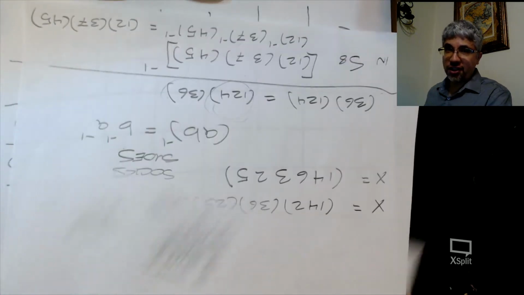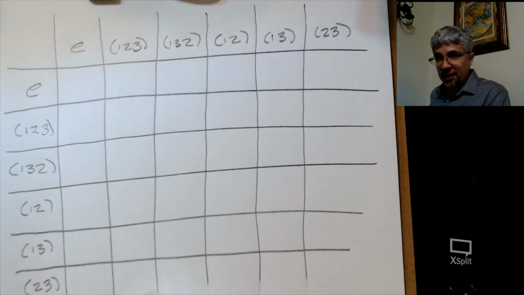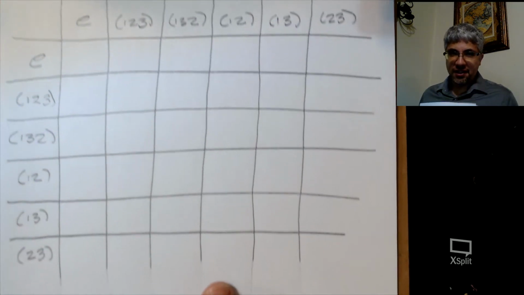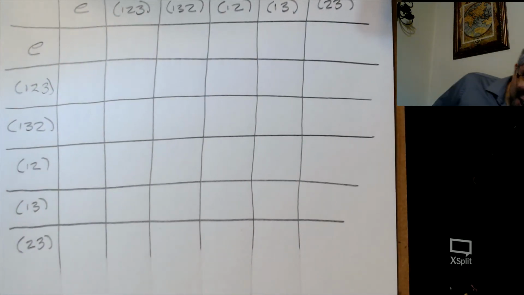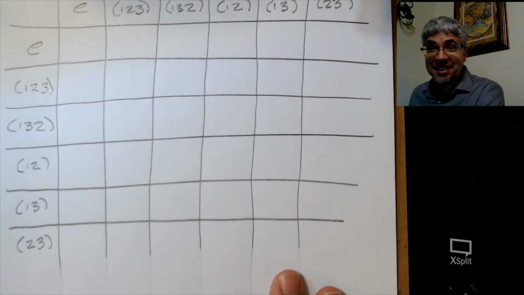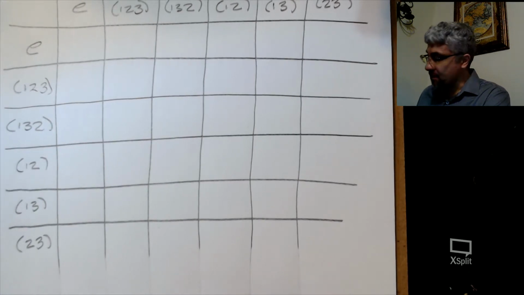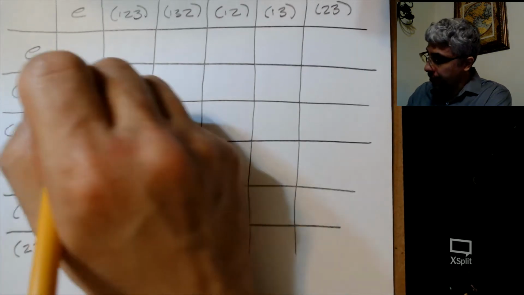But things are going to get a lot more complicated when we go to S3, because we jump from 2 to 6 different elements. Okay, so let's try to fill this table out.